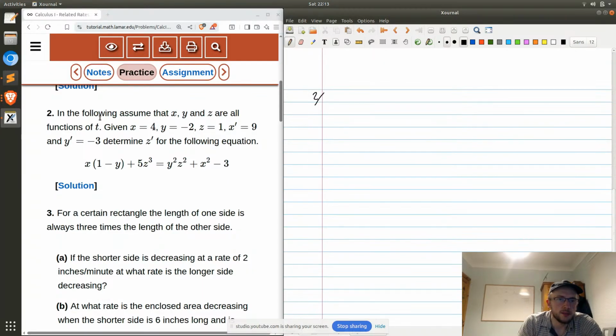Okay, so then more or less the same thing, isn't it? Or so I think. We have to determine z prime. So what am I going to do? I'm going to first multiply that out. Not for any particular reason, I just really don't want to be tricked by a bracket.